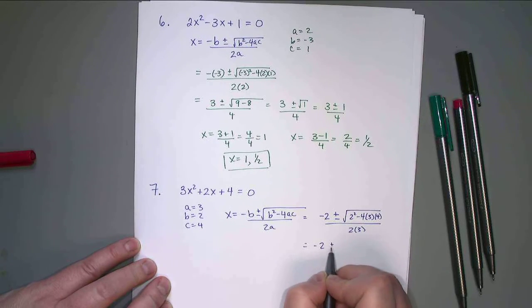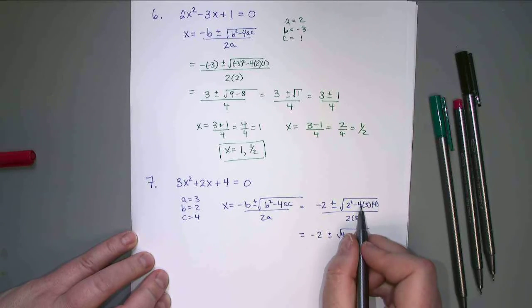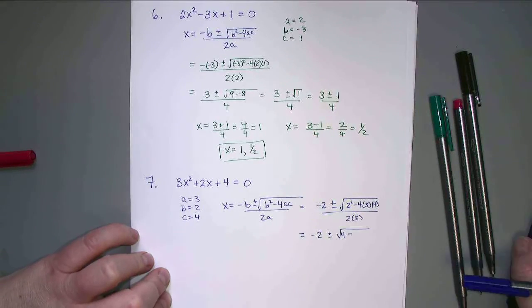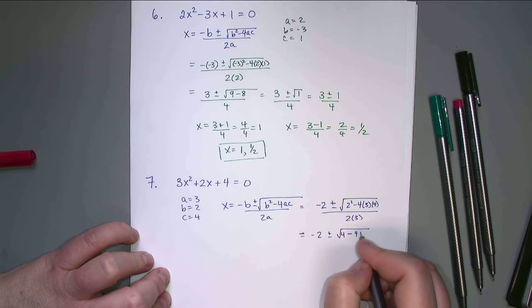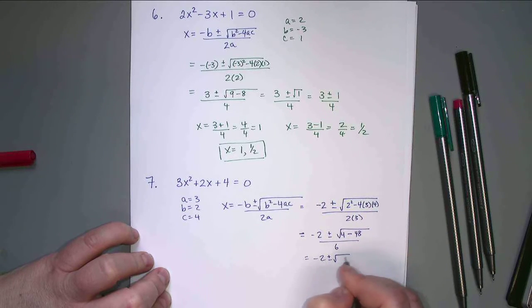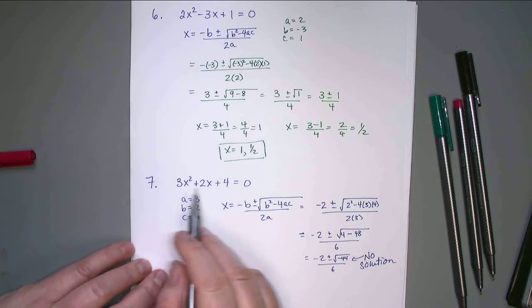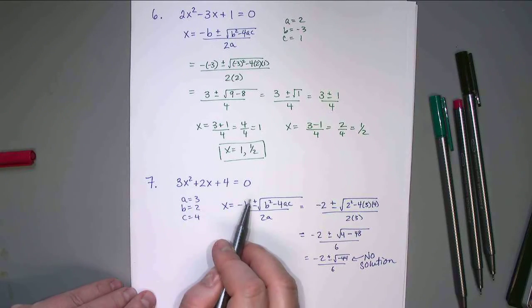So what we get in the square root here is 4 minus 48. And so you notice under the square root, that's a negative. So there's no solution. And that's all you'd say. There's no numbers here that we can put in that will give us a 0.